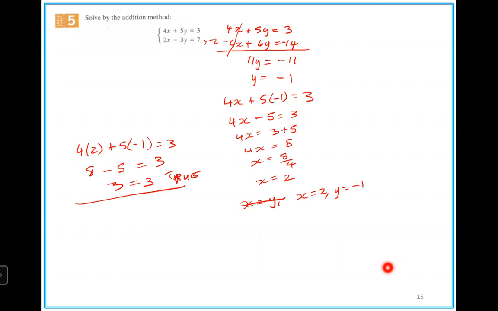And then the second one, you have 2 times 2 minus 3 times -1 equals 7. 2 twos are 4, and -3 times -1 is +3. 4 plus 3 is 7. 7 equals 7. That's true. So it works for both.